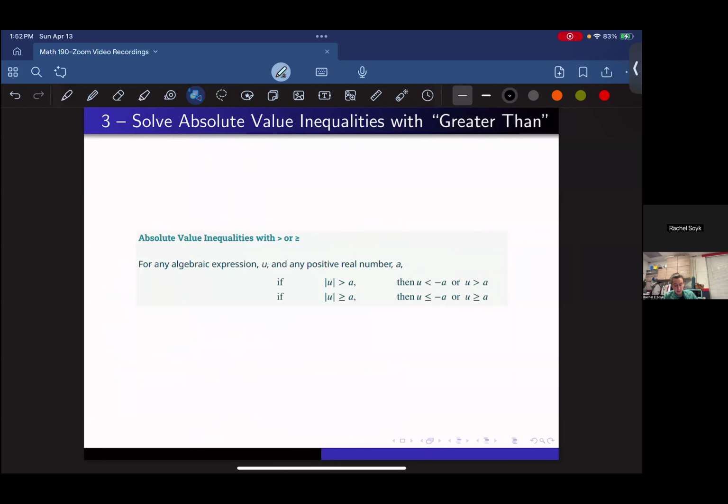Okay. And then finally, our third objective. Now we'll look at some examples that involve greater than, which again, the nice little hint for this is "great-or." So we are including all values represented.